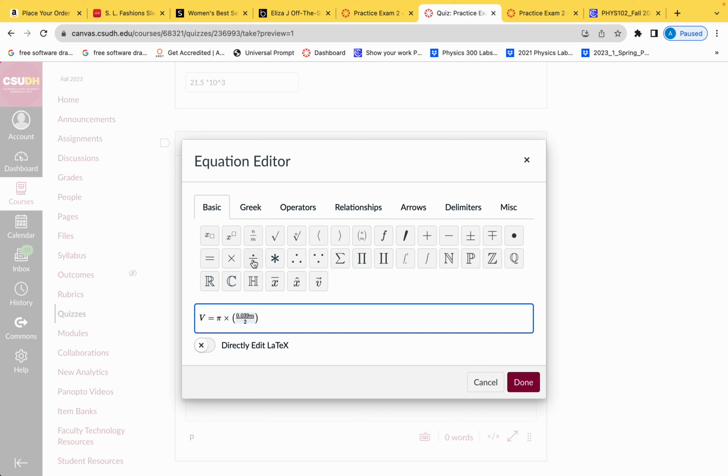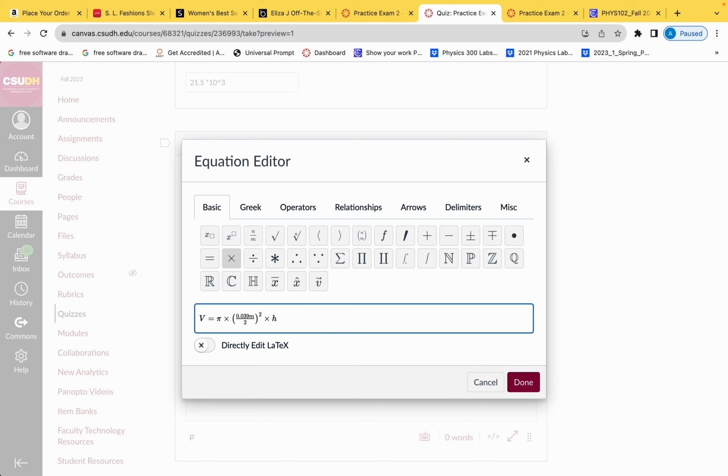I can easily delete this and then move using the cursor, divided by 2, and then move the cursor and say squared. Then I move using the cursor and say times h.